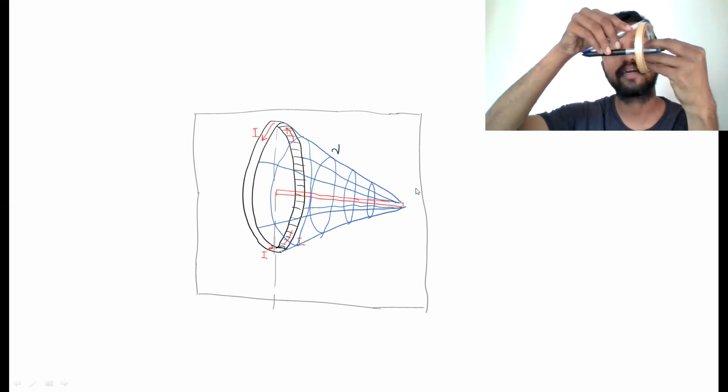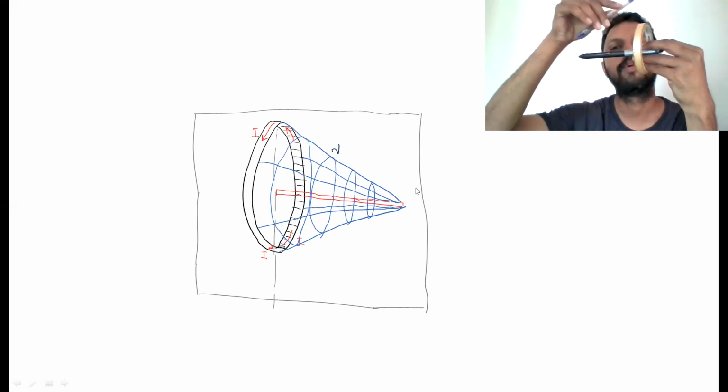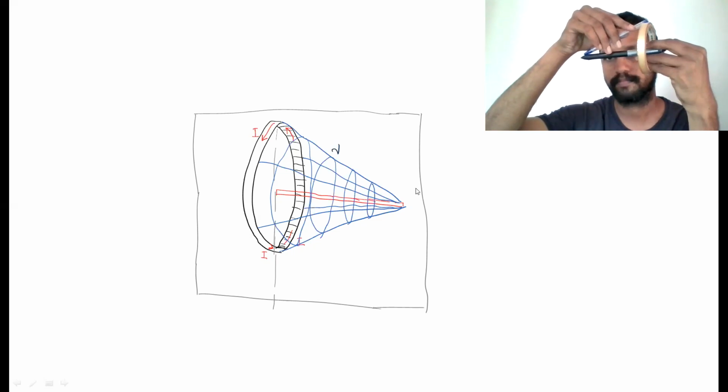You can see the diagram on the screen. Can you imagine the angle between the blue color line and the tangent of the ring?